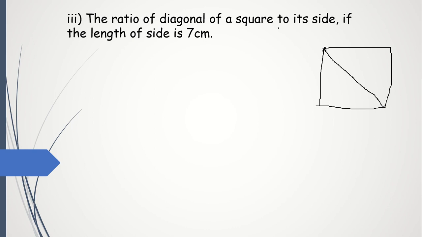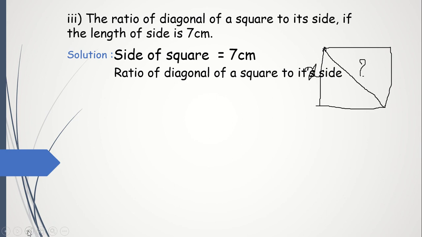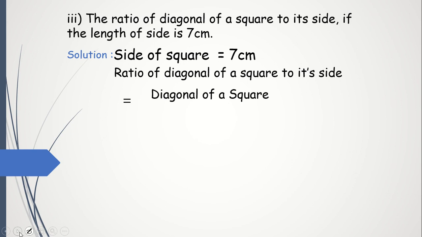Now the ratio of diagonal of a square to its side. This is a side of a square, let's say x. Now there is a formula given to find the diagonal of a square. What that formula is, is very, very important to know. The length of the side is 7 centimeter. A ratio of diagonal of a square to its side is equal to diagonal of a square upon side.